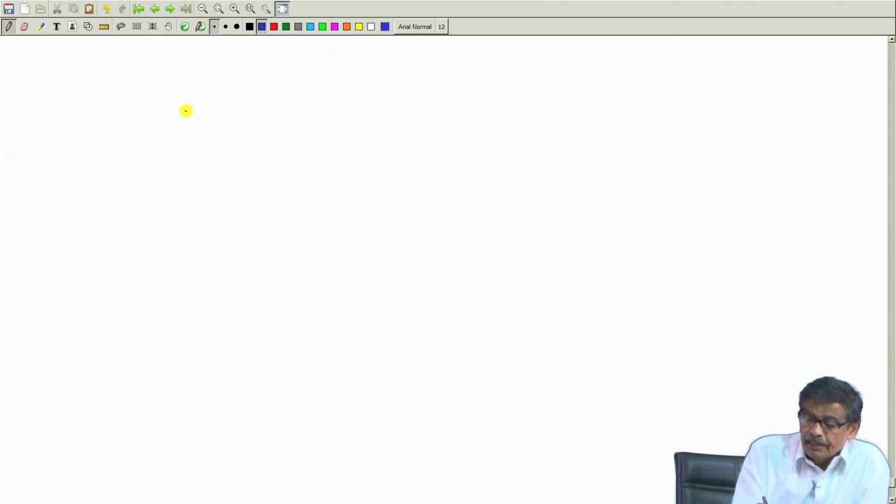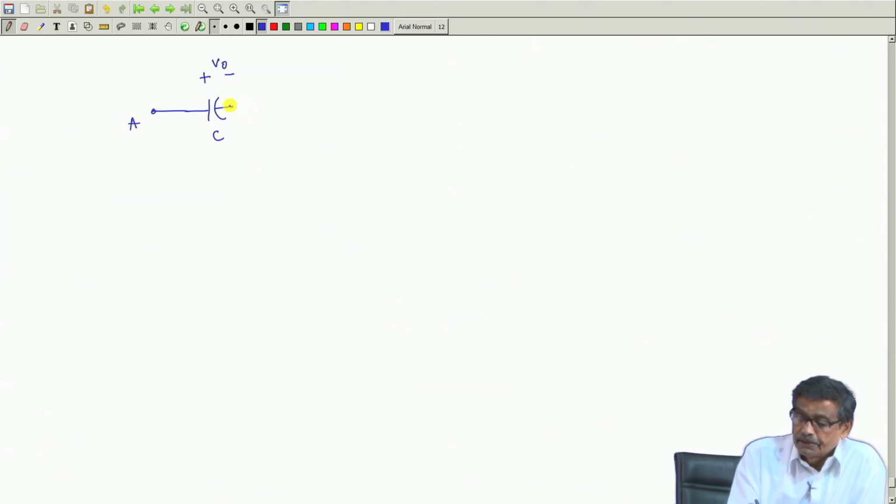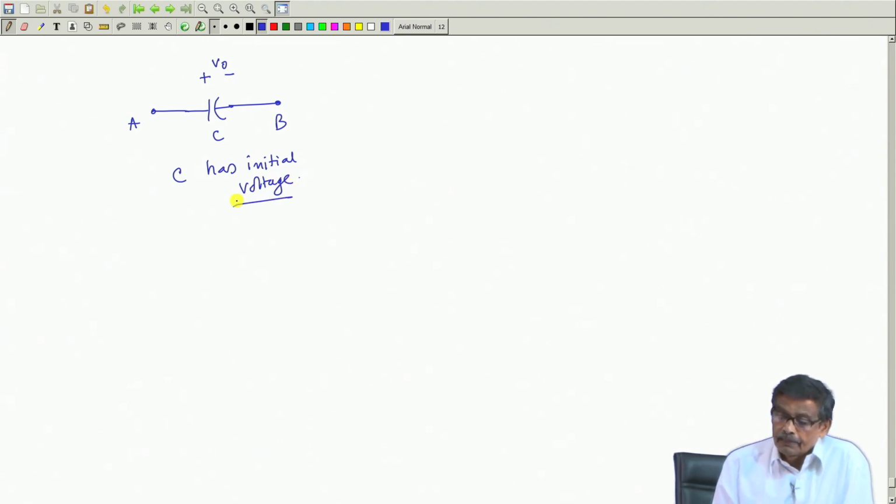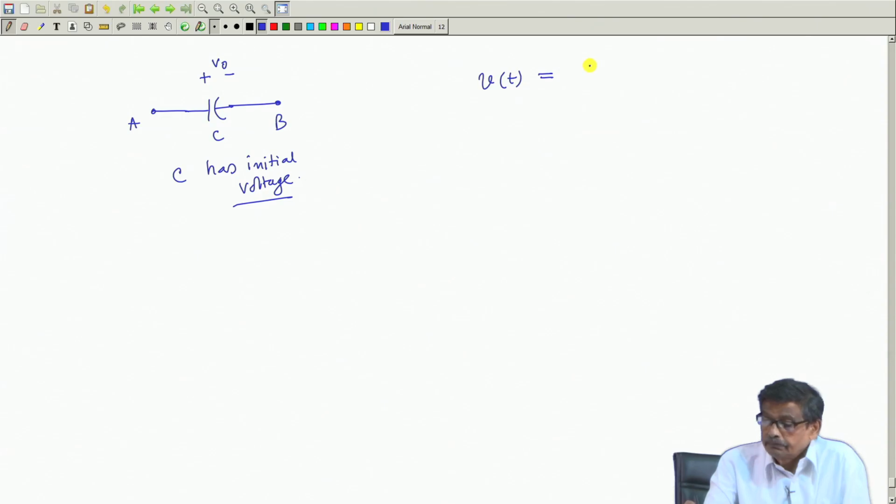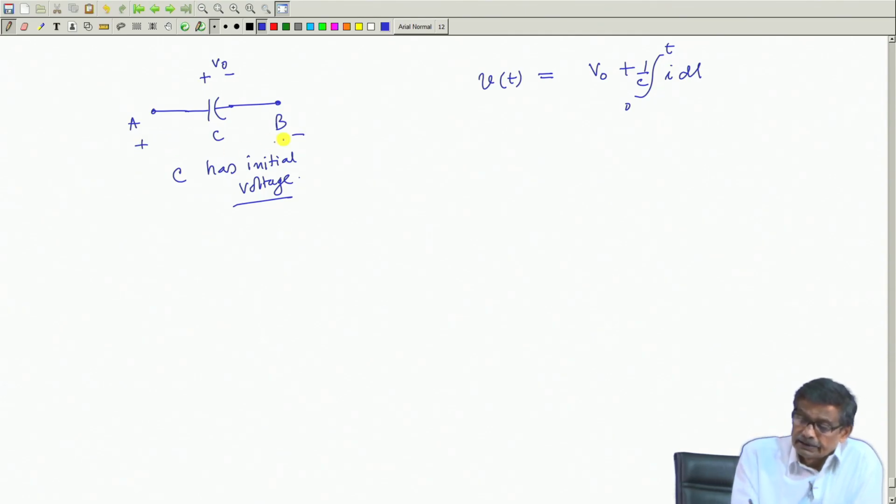Look at a capacitor C, and let it have an initial voltage V naught with this polarity, and let this point be A and B. So, this C has initial voltage, and the voltage across the plates of the capacitor at any time t will be V naught plus the integral from 0 to t of i dt by C, q by C. This is the equation, and this is the voltage applied across the capacitor V t.